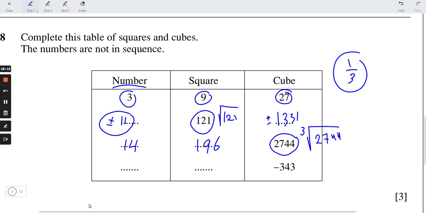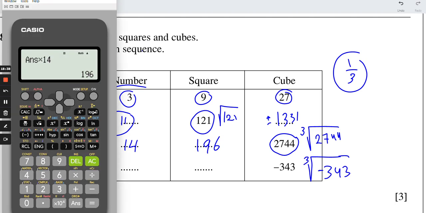For minus 343, as you know, the square root is affected by the sign under the root, but odd roots will not be affected if the value is negative. So for minus 343, we can find the value, but if we are going to find the square root, the minus affects it.